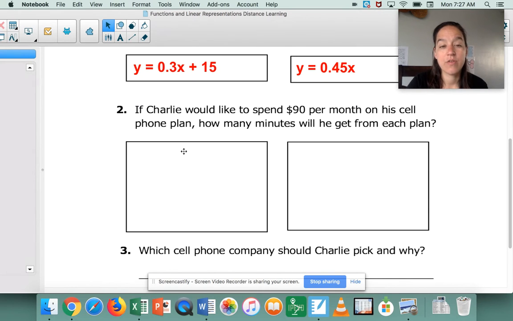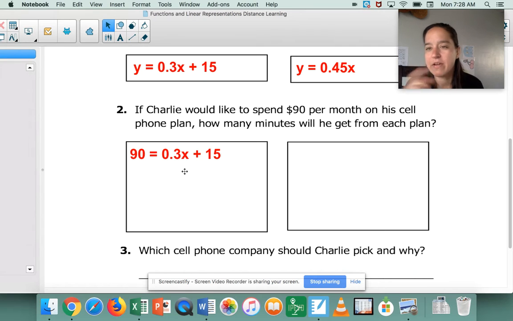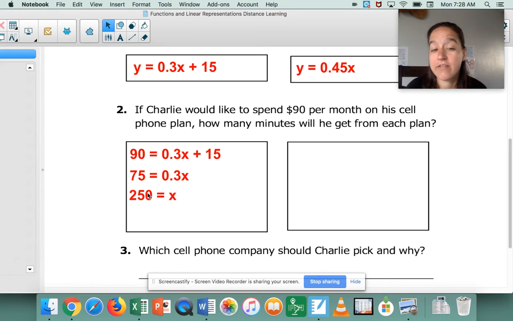So if I plug it in, $90 for Chit Chat, and I go ahead and solve it. I get rid of the 15 first because I have to get rid of my addition or subtraction first. And so now I have 75 equals 0.3x. And then I divide by 0.3 and I get 250 equals x.